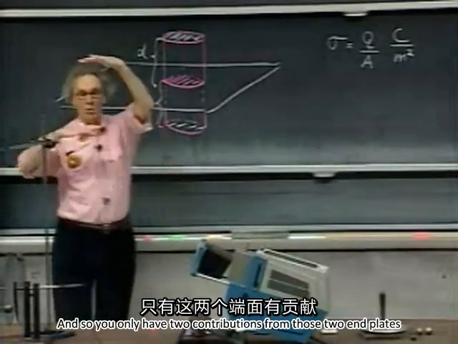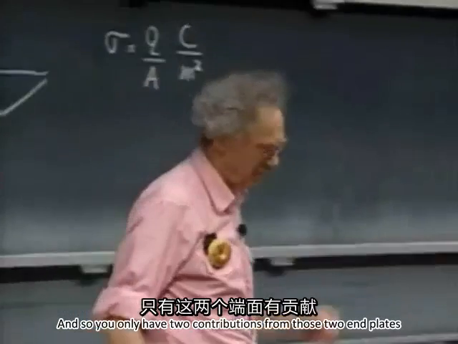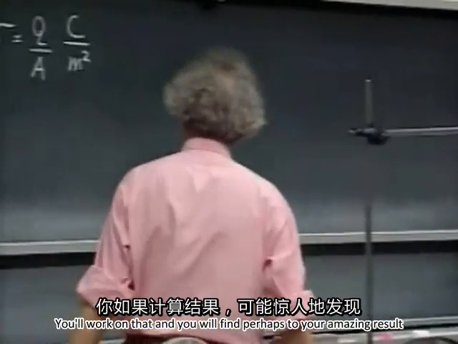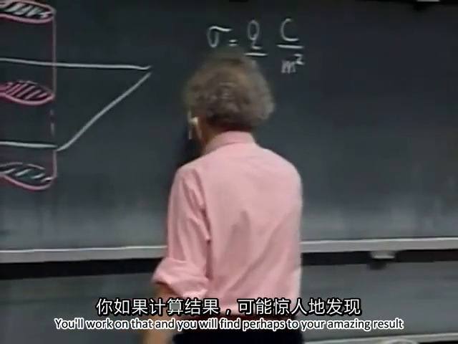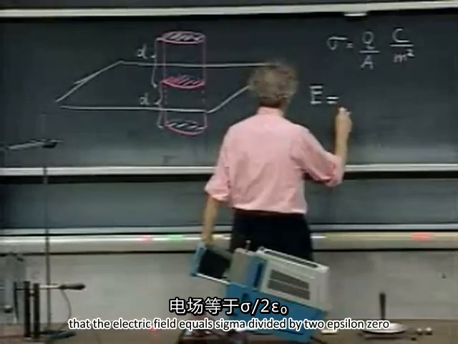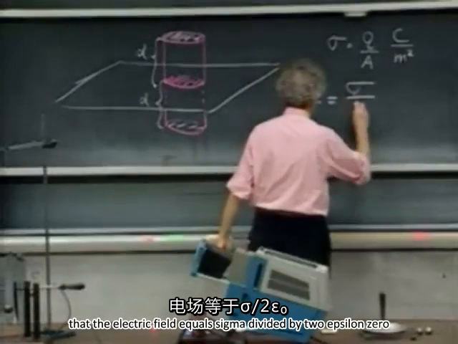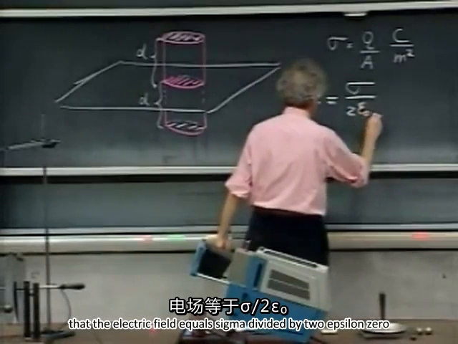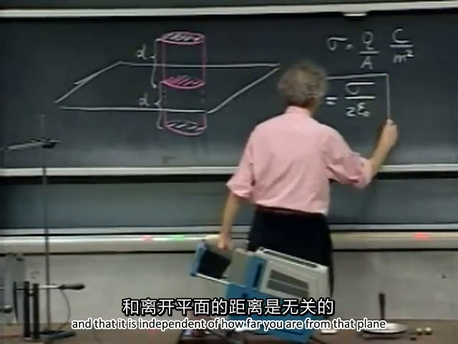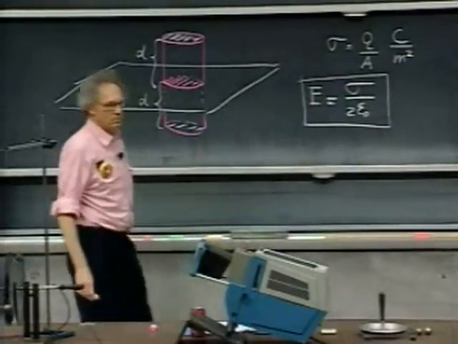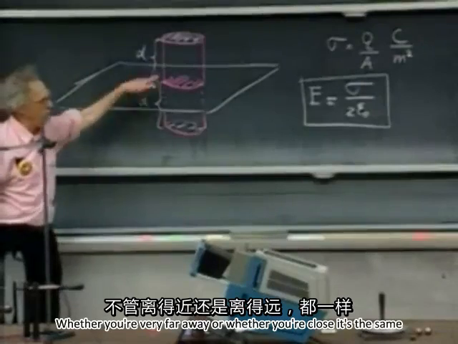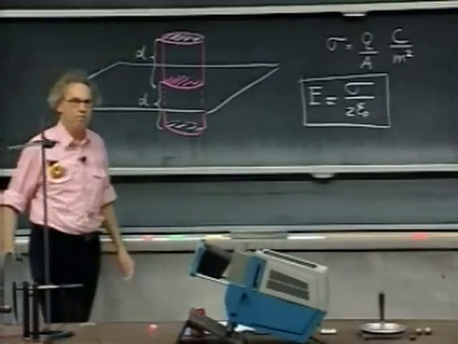And so you only have two contributions from those two end plates. You'll work on that, and you will find, perhaps to your amazement, that the electric field equals sigma divided by 2 epsilon 0, and that it is independent of how far you are from that plane. Whether you're very far away or whether you're close, it's the same.